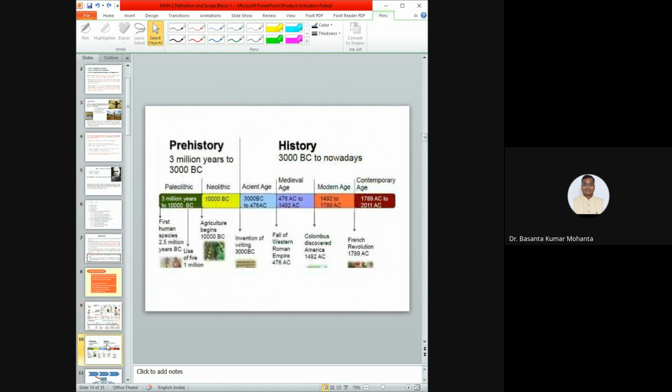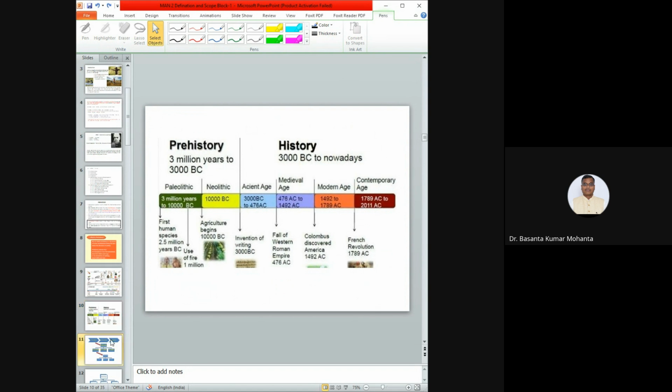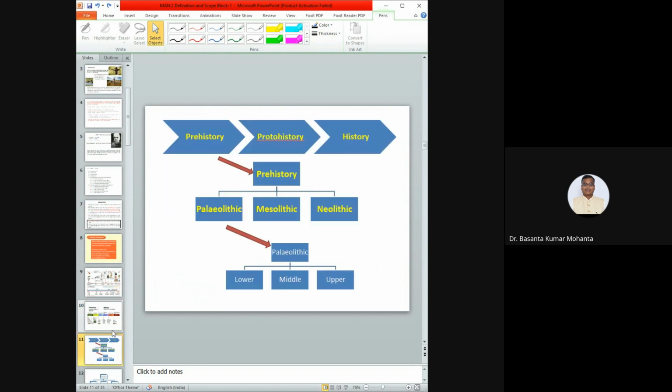This Stone Age culture or prehistoric culture is divided into different time periods, different subdivisions. As I told earlier, before history is what we call prehistory, and prehistory is broadly divided into three major categories. One is Paleolithic, another is Mesolithic, and the third one is Neolithic.